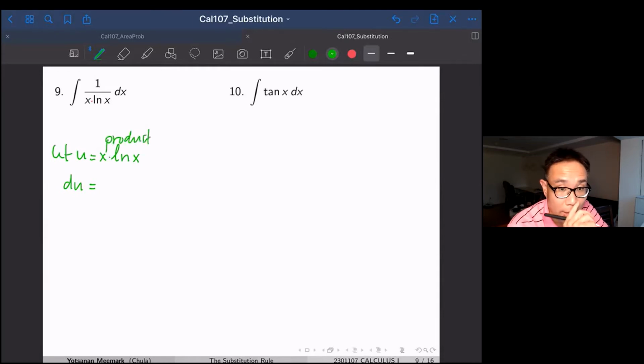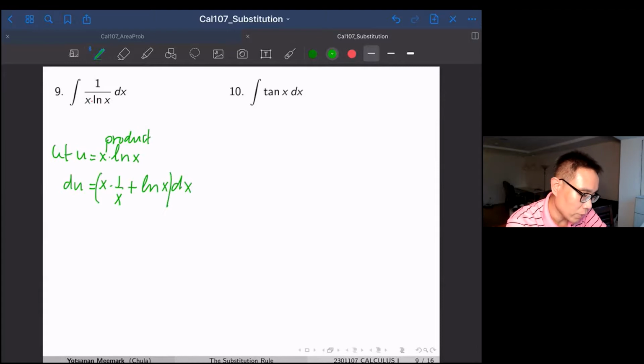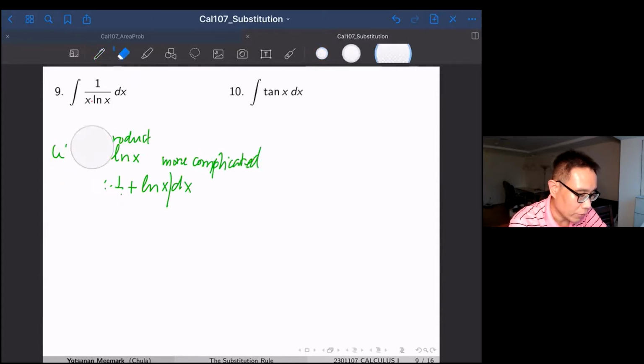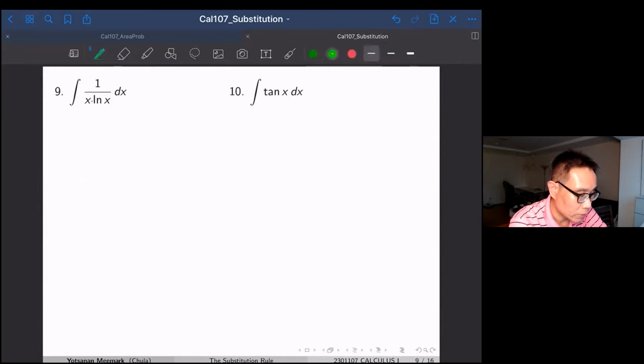You must apply the product rule: the first times the derivative of the second plus the second times the derivative of the first. It's going to make the function more complicated. So this is not going to be correct. This one is kind of wrong.